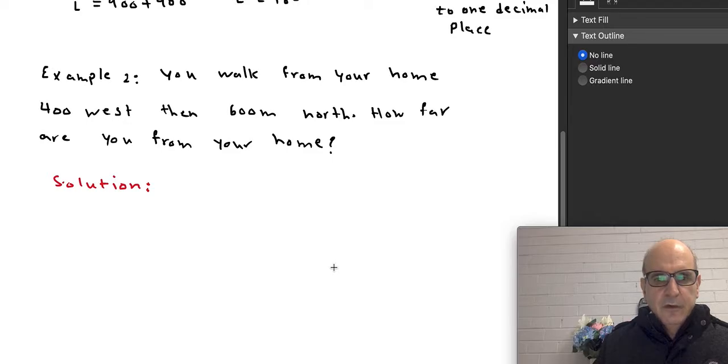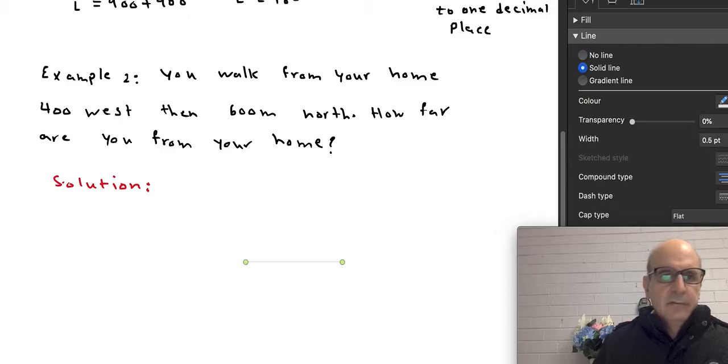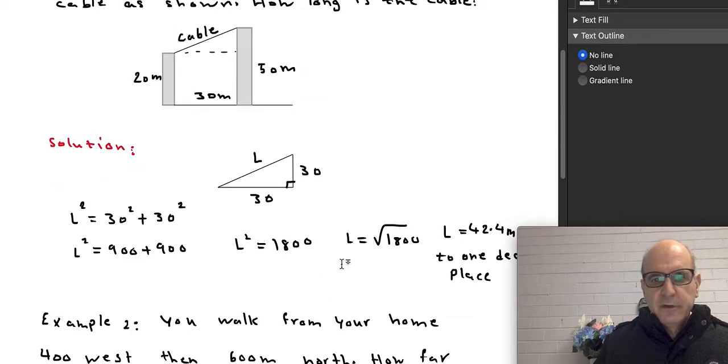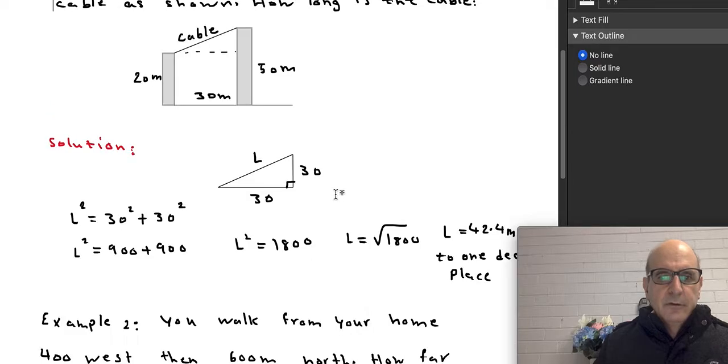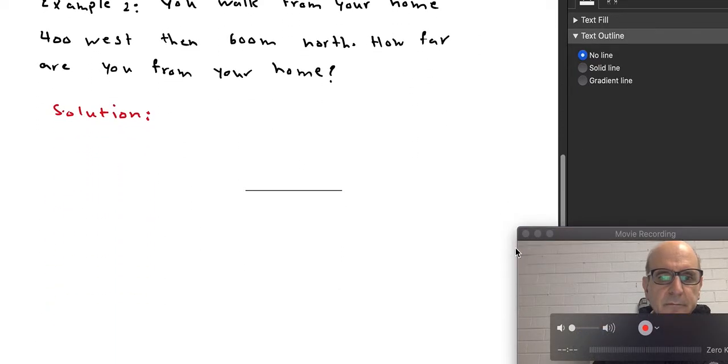If your starting point is here, for example, and you're walking west, west is to the left, that's your starting position.